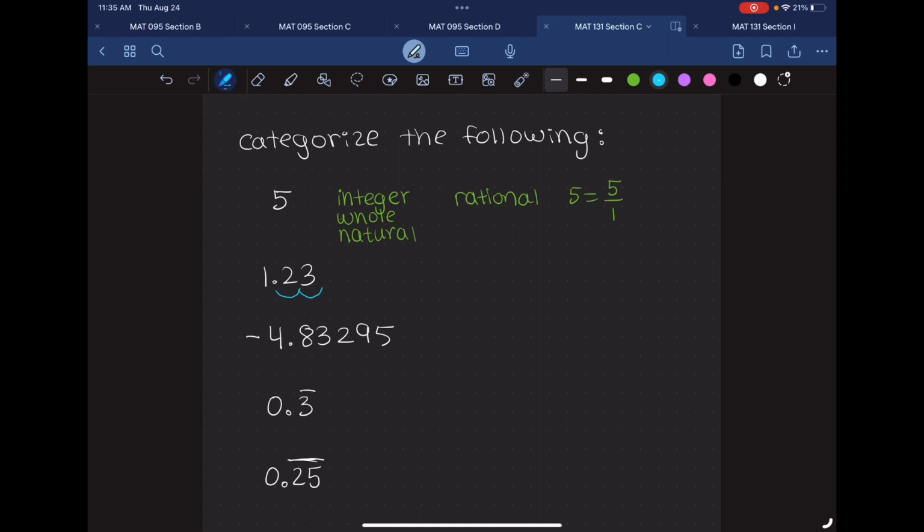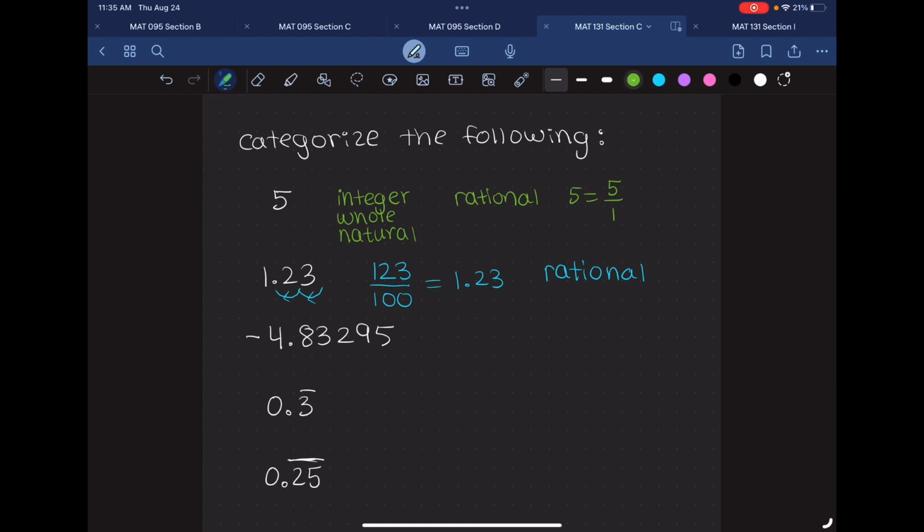The reason I'm pointing out that you move it over 2 is because if I take 123 and I divide by 100, that's equivalent to moving that decimal point over 2 this way. So I've got 1.23, and I've expressed this number as a ratio of integers, 123 over 100, and so that means that this number is rational.